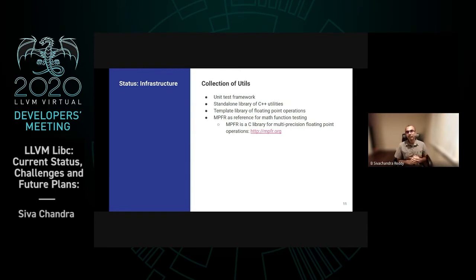Though this unit test framework is implemented in C++, it does not pull in the system Libc headers or the C++ standard library headers, directly or indirectly. This was made possible by another utility library which we implemented. This library contains a small number of standalone C++ utilities to support the unit test framework and the rest of the Libc implementation.